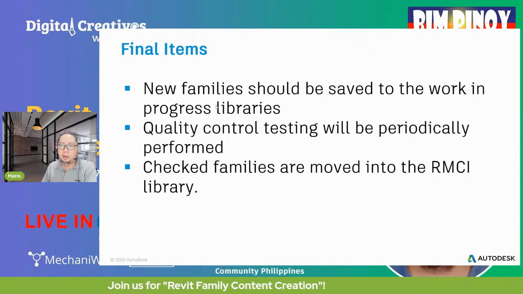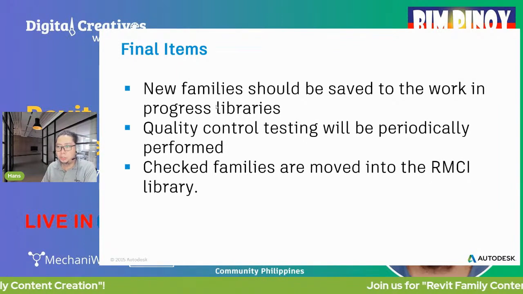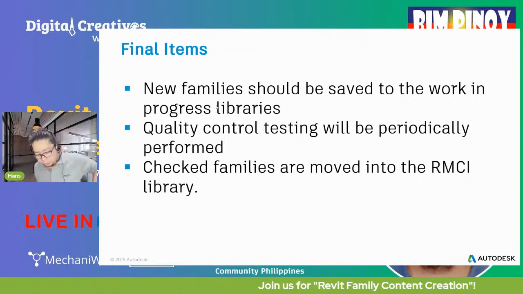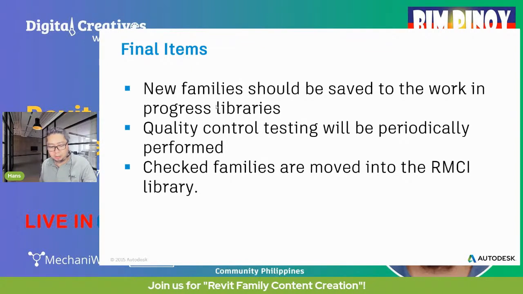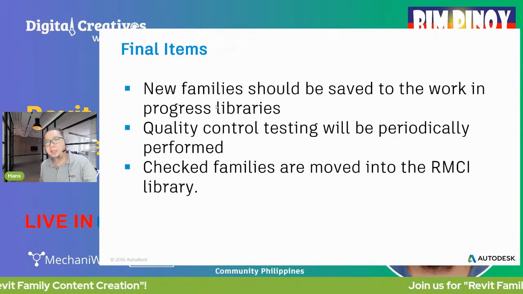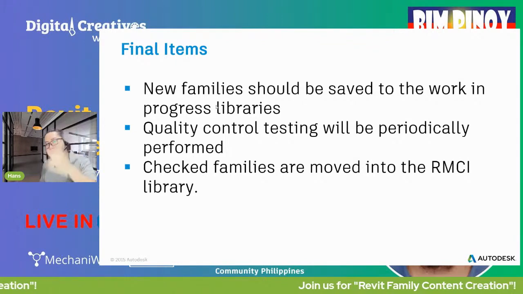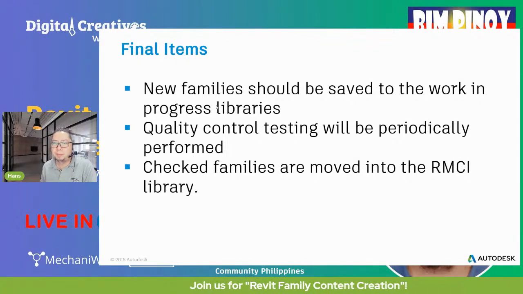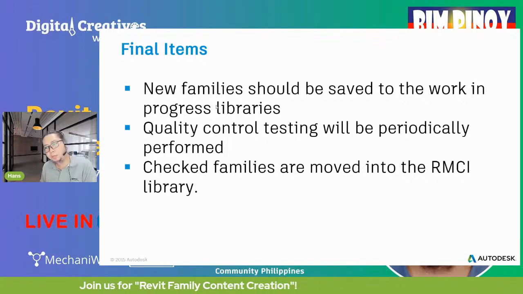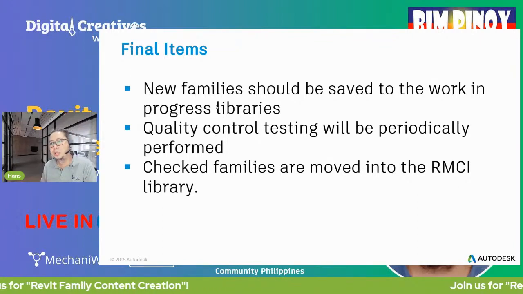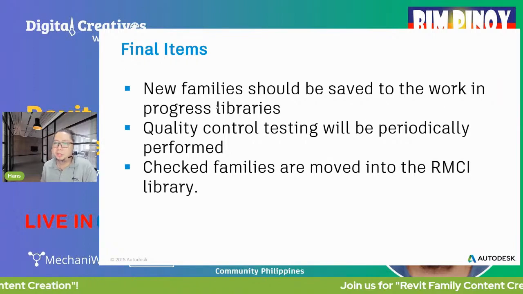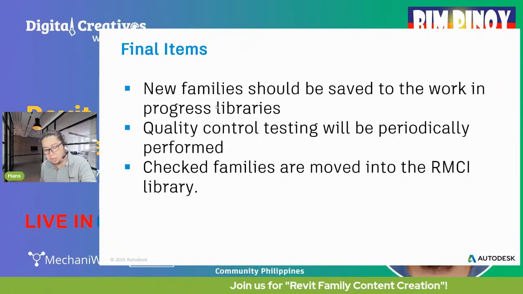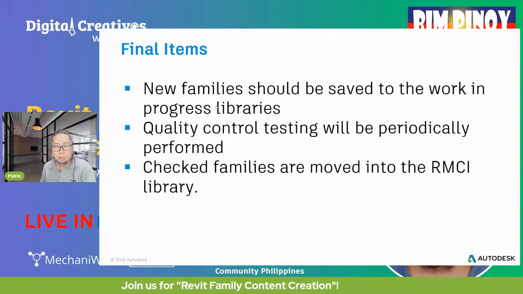Also, if you're adding information that is important in your company, like manufacturer or other needed information, for example testing, commissioning, or locations, all of those things can be added to your family if they are included in the requirements of your quality control.